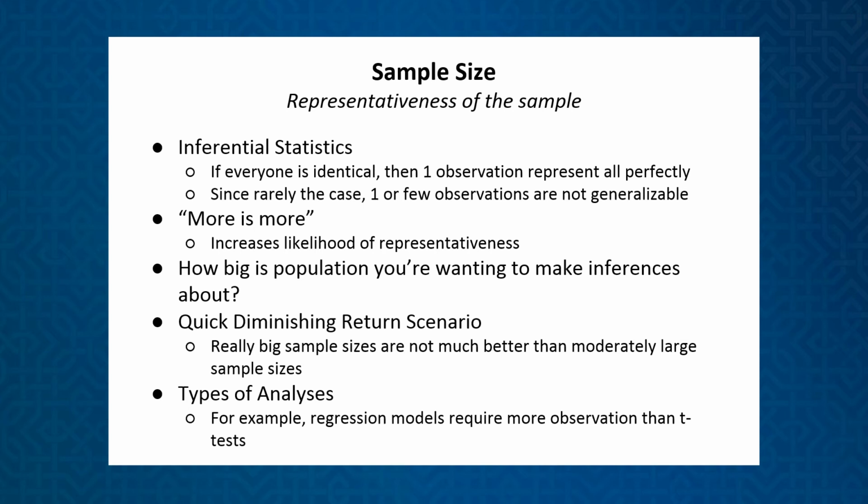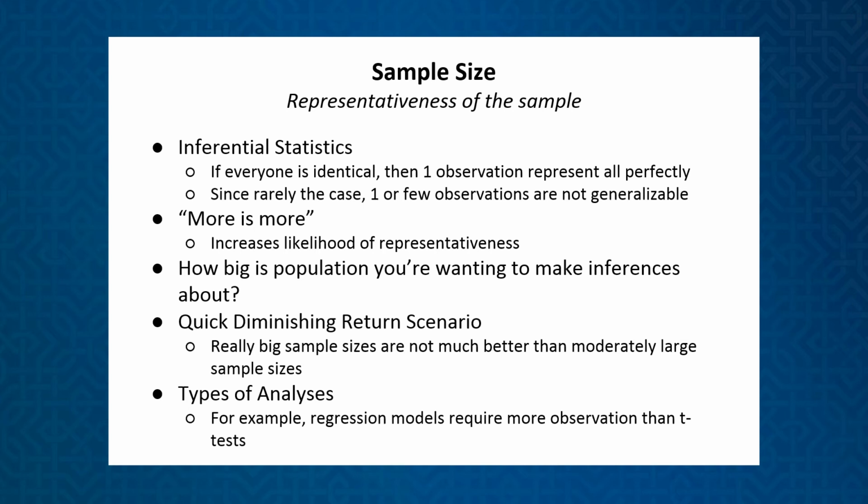Another thing to consider is how big of a population you want to make inferences about. For example, one of my colleagues does research on captive beluga whales. Using the traditional ways of thinking about sampling error, a very small number of beluga whales would seem to produce a lot of error because you just don't have that many observations.